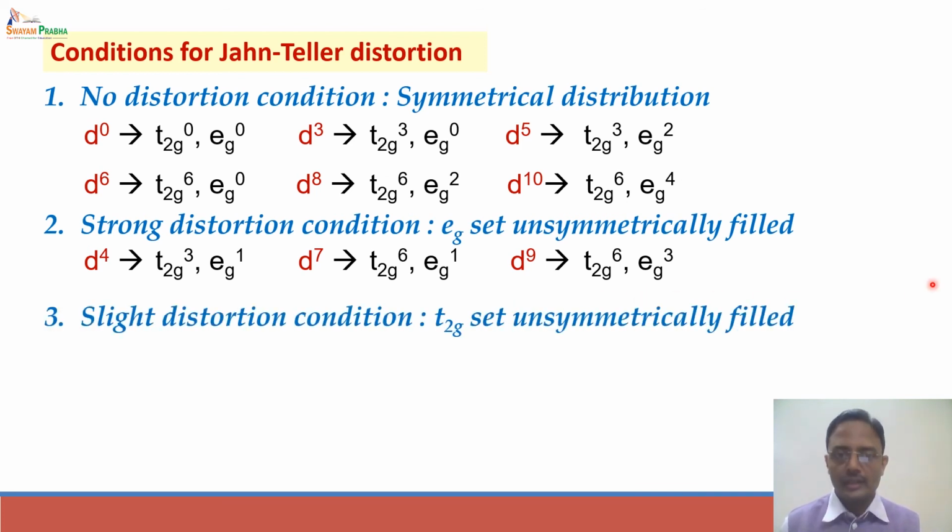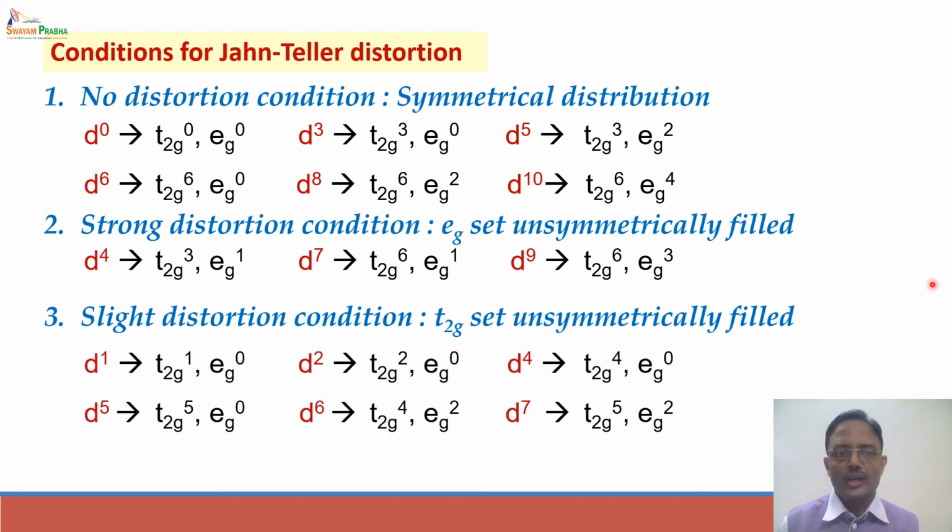The third case is the slight distortion condition where the t2g set is unsymmetrically filled. Now, if t2g orbitals are unsymmetrically filled, we know that t2g orbitals are not directly facing the ligands, and hence there will be only slight distortion in the geometry, like the d1 system, d2 system, d4 system in the low spin state, d5 system in the low spin state, d6 system in the high spin state, and d7 system in the high spin state.